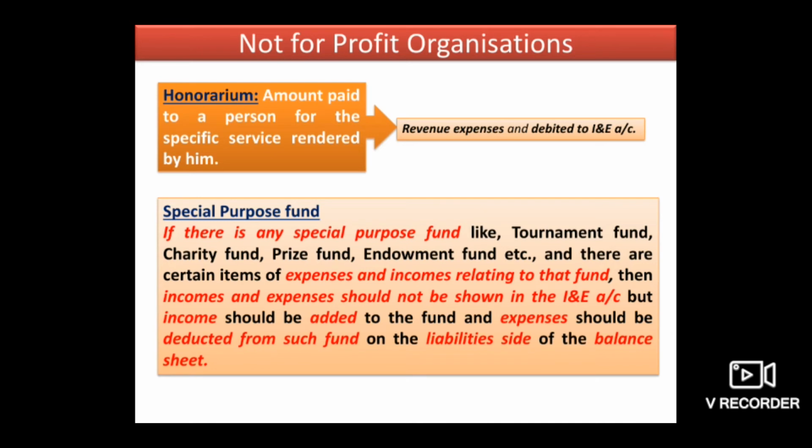For example, in the case of a music club or arts club, if there is a music show conducted and a playback singer comes to sing in that music event, the amount paid to that playback singer for that particular service rendered is known as honorarium. And honorarium are revenue expenses, and it should be debited to income and expenditure account.